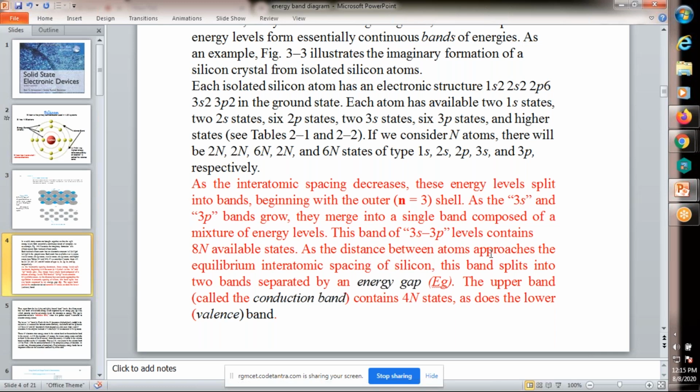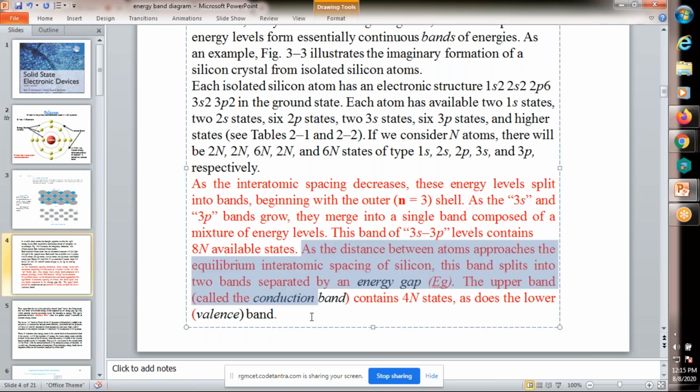As the distance between atoms approaches the equilibrium interatomic spacing of silicon, without connecting any external signals, this band splits into two bands separated by an energy gap. Remember this one. This point is very, very important.